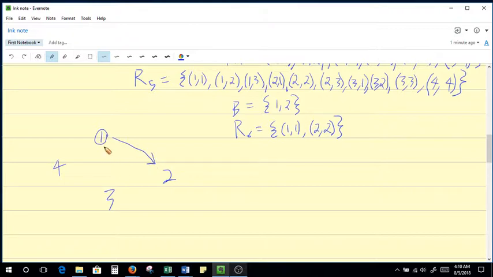We also have 1 to 3, and we have 2 to 1, 2 on top of itself. We have 2 to 3, and we have 3 to 1, 3 to 2, 3 on top of itself, and 4 on top of itself.